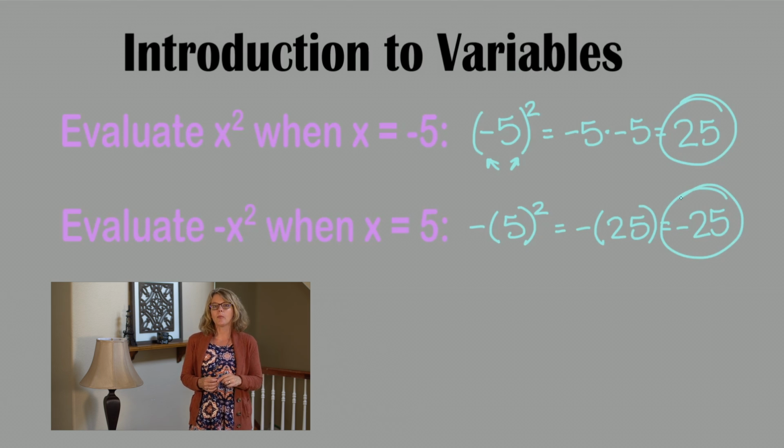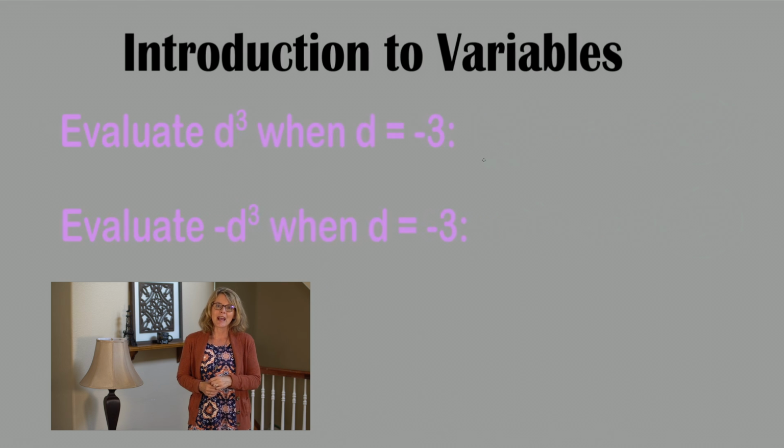Now let's try a couple more. We'll practice determining if the answer is positive or negative. You can do it. Here they are. D cubed when d equals -3, and -d cubed when d equals -3. These are a little different from our previous examples, but they work the same.